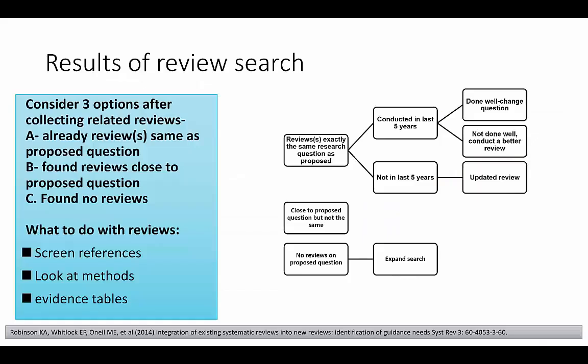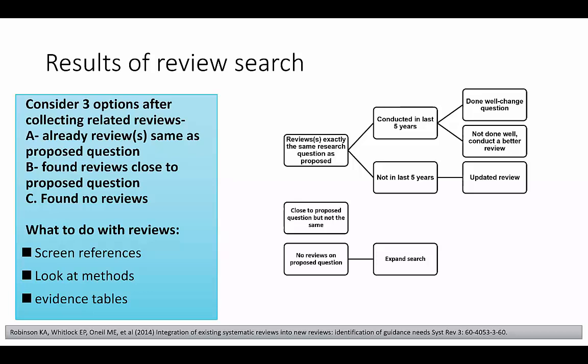One thing I talked through, but maybe didn't say explicitly, so I did put this slide in here. When you're thinking, okay, I've looked for related reviews to the proposed question, what should you do? This gives you a workflow for deciding.